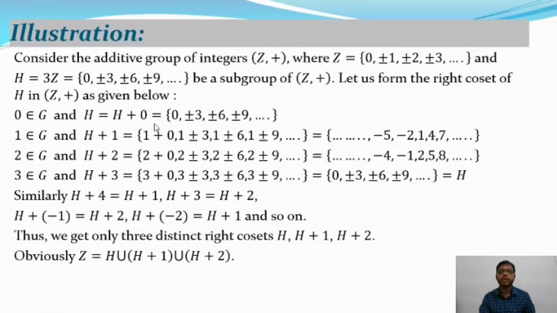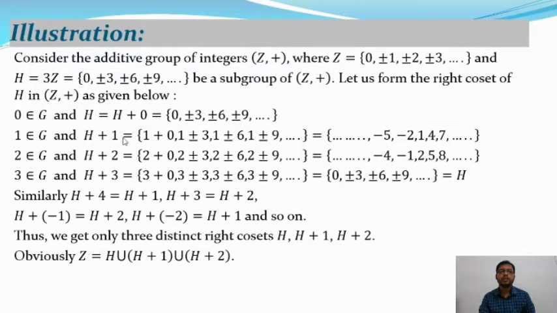So H plus 0 equals H as well, and the elements of H plus 0 are 0, plus minus 3, plus minus 6, plus minus 9, and up to infinity. And after that we take 1, an element belonging to G, then H plus 1.